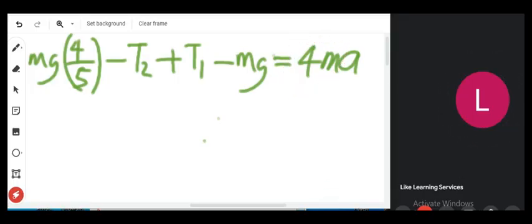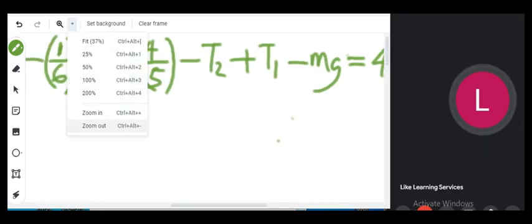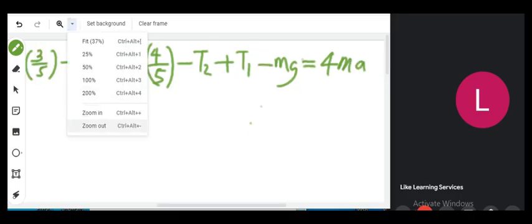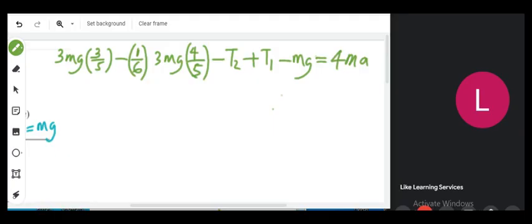Remember, the resultant force is what we express here, so that's actually 4ma. Let's see what will cancel out. I need to zoom out to reveal all. T1 is the same thing as T2, so it cancels out.